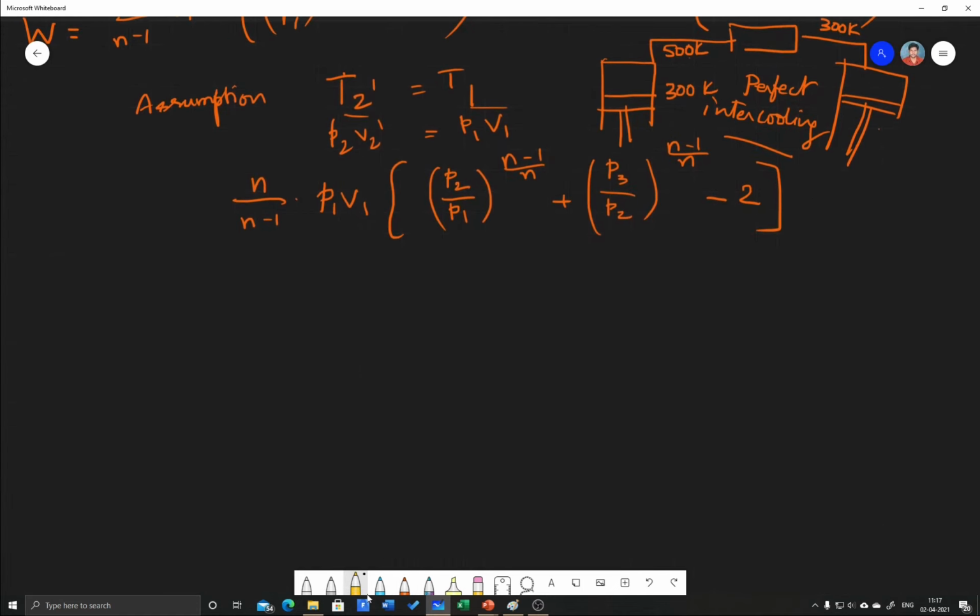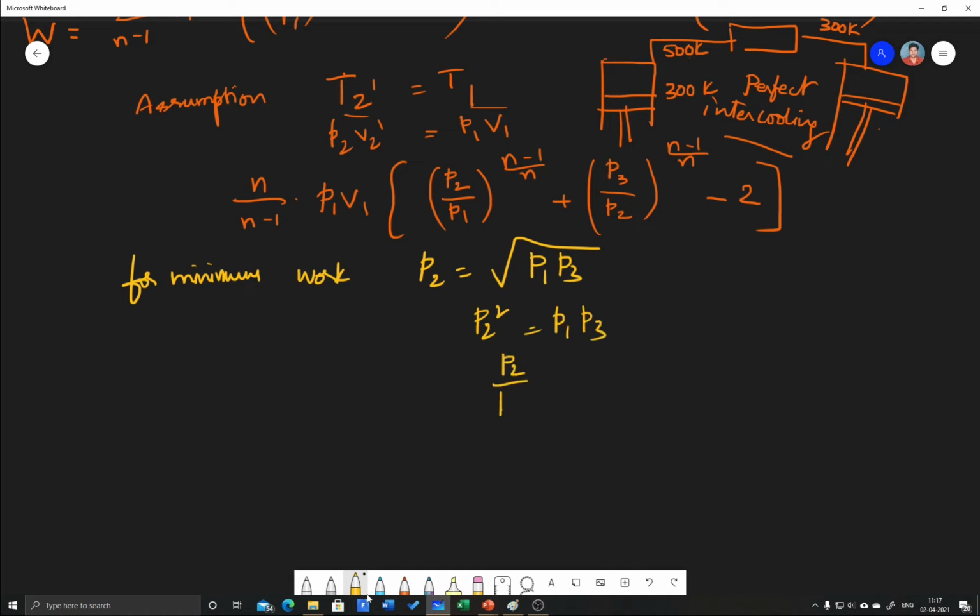So for minimum work, what we are saying is P2 is equal to square root of P1 P3, or P2 square is equal to P1 P3. P2 by P1 is equal to P3 by P2.